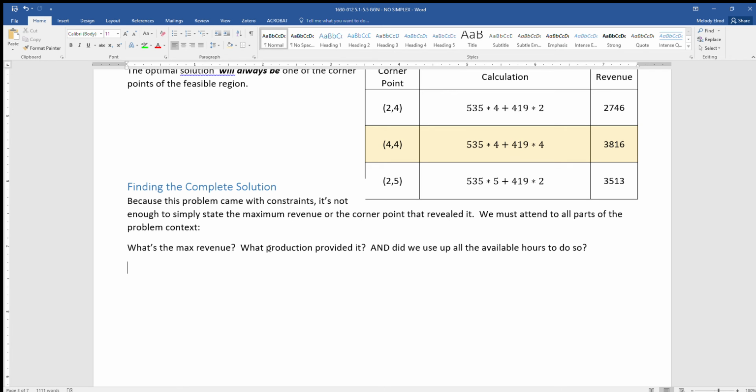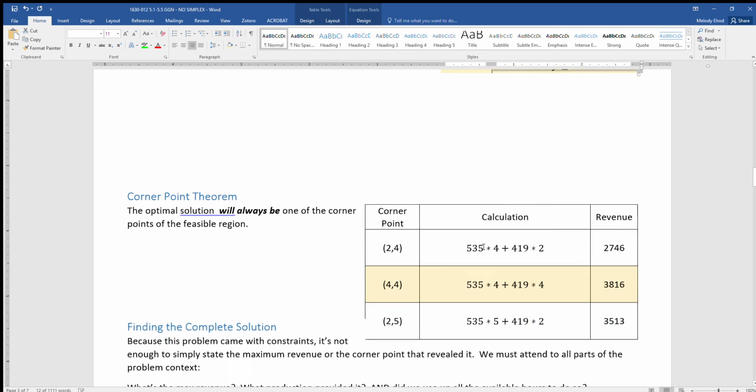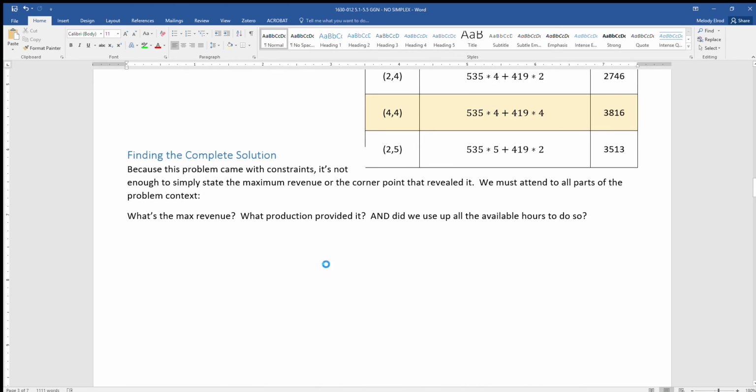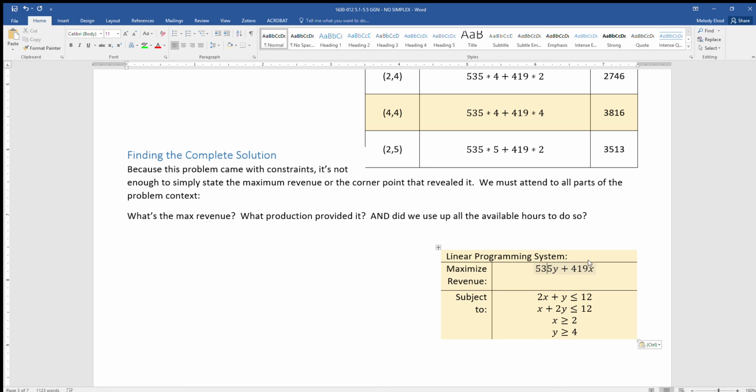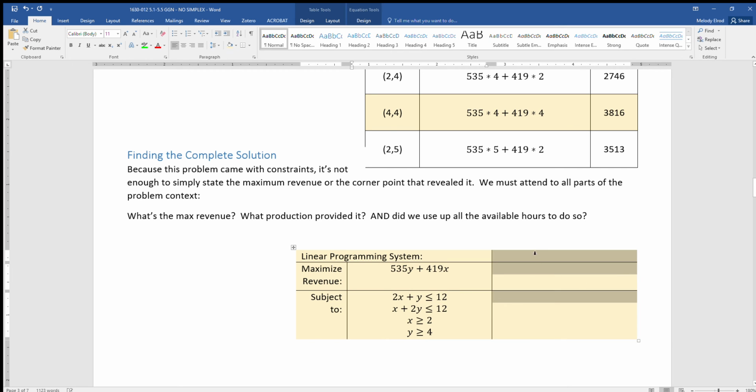All right. So what I find out is this. If I was to take this information right here, this maximized revenue, let's plant it down here and re-examine it. I'm going to add a column to the right over here, and I'm going to say, so what happened? What was the result?